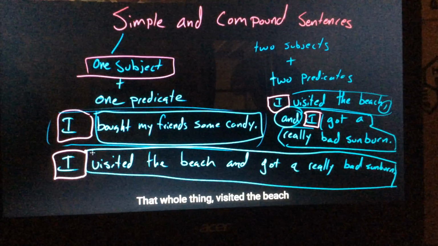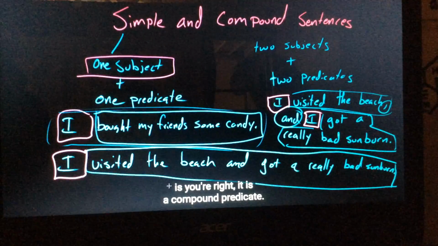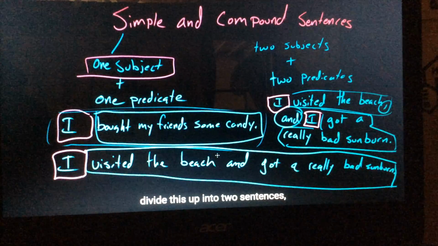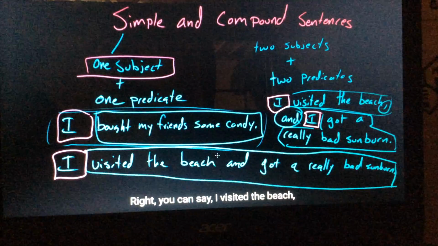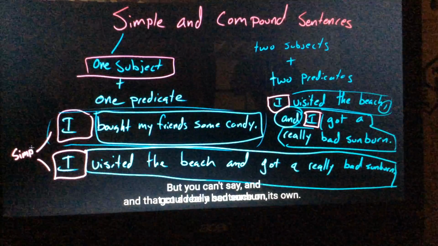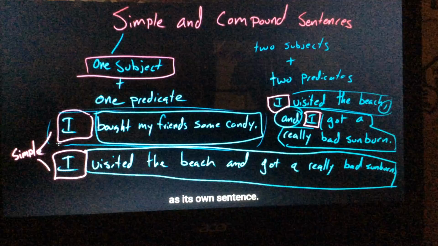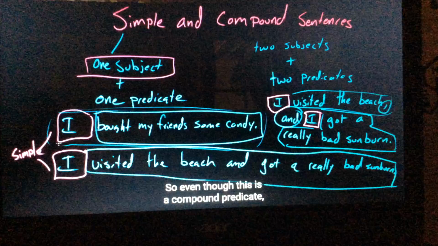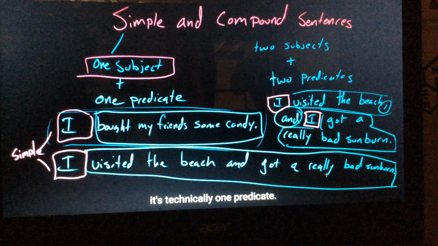That whole thing, visited the beach and got a really bad sunburn, it is a compound predicate. But what you're saying is I couldn't divide this up into two sentences unless I put in another subject. Right. You can say I visited the beach, and that can be a sentence on its own. But you can't say, and got a really bad sunburn, as its own sentence. So both of these things are simple. Even though this is a compound predicate, it's technically one predicate.